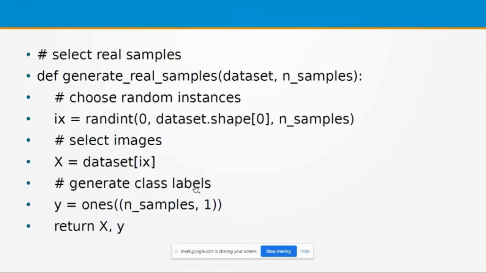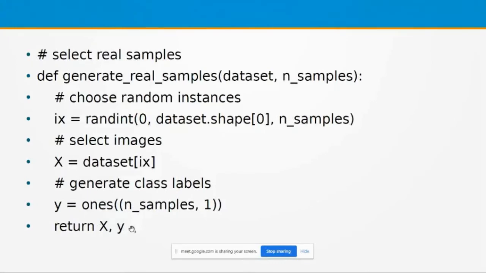N_samples images. After generating, to designate these images as real images, we create a label that is ones of (n_samples, 1). This is the label corresponding to the images contained in X. If n_samples is equal to 100, X contains 100 images, and all these images have a label of 1. 1 means all these images are real, because they are generated from the real samples.